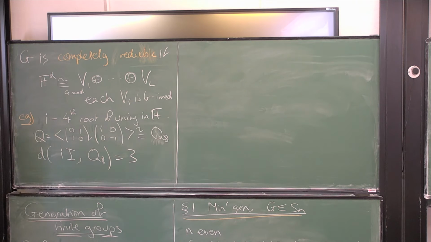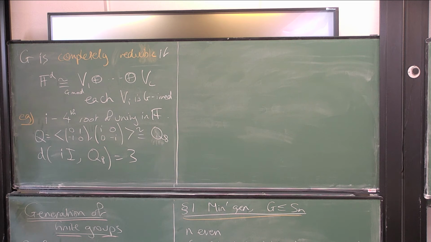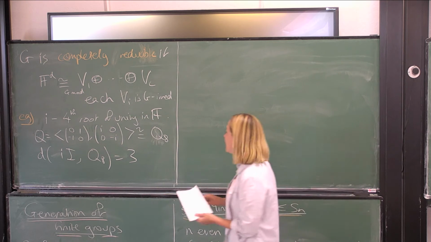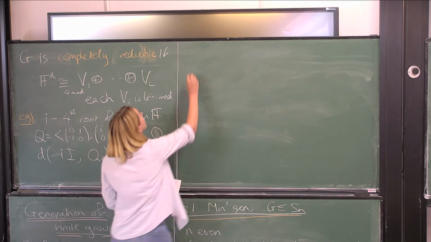So you need 3 generators for that thing. And I could then make a whole load of copies of this and make a completely reducible group with just like Q8 direct product Q8 direct product Q8 direct product Q8.